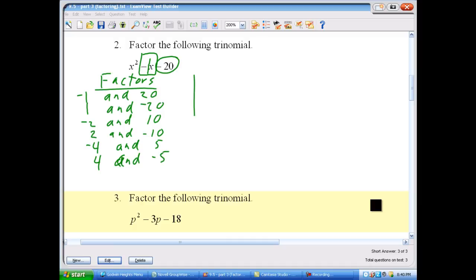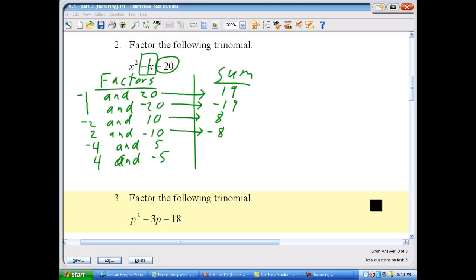What I have to do again is test and figure out the sums of all of these combinations. If I add up negative 1 and 20, it's going to give me 19. If I take 1 and negative 20, add those together, it's going to give me negative 19. If I take negative 2 and 10, it's going to give me positive 8. If I take 2 and negative 10, it's going to give me negative 8.